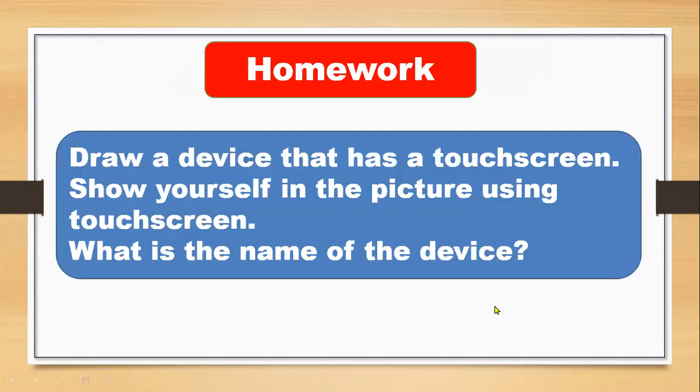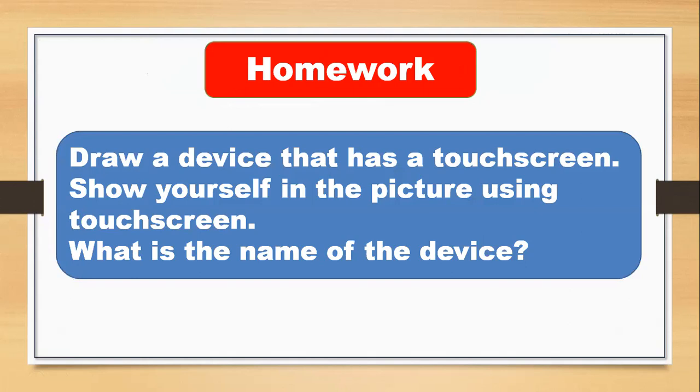Okay, so what is your homework? Your homework is easy. Draw a device that has a touch screen. Draw a device on the notebook that has a touch screen, like your mobile phone, a tablet, or an iPad.